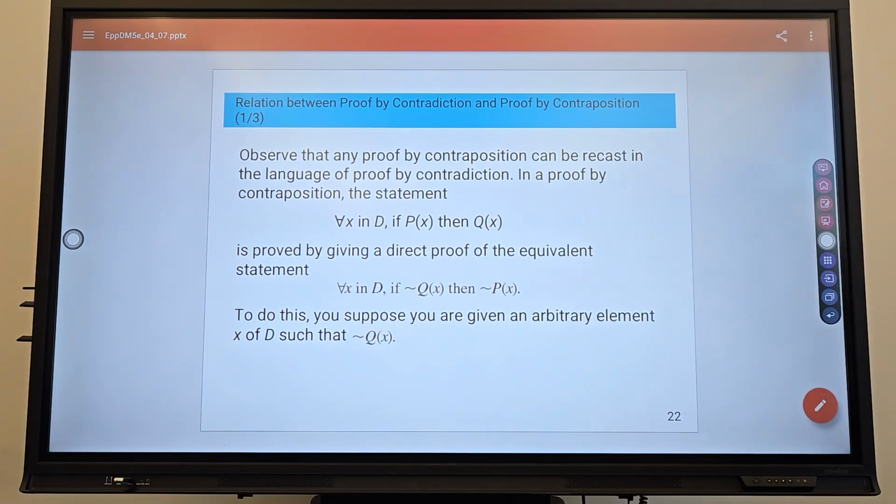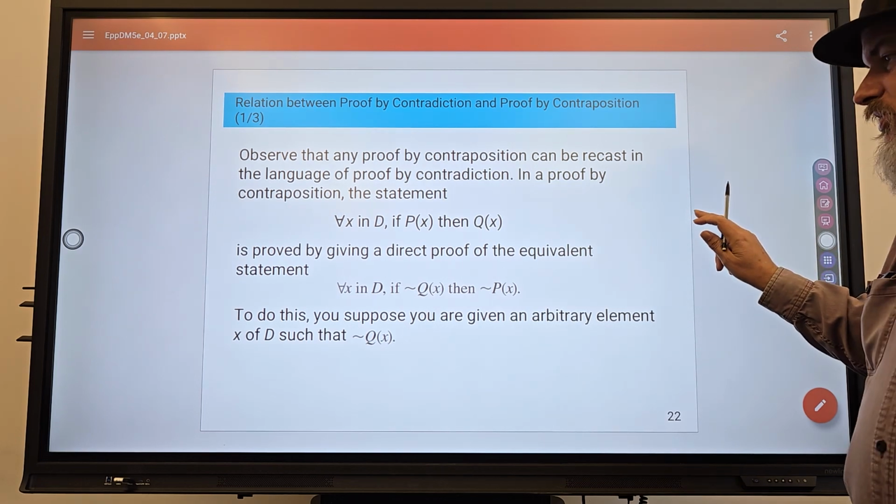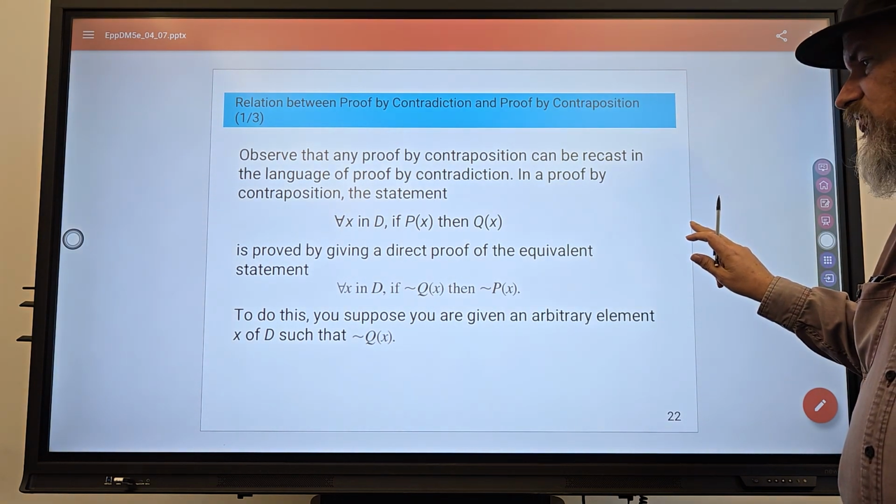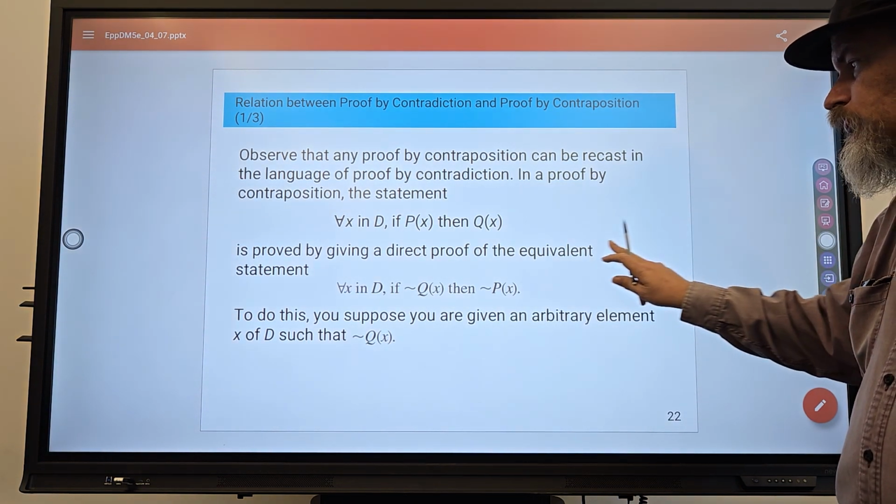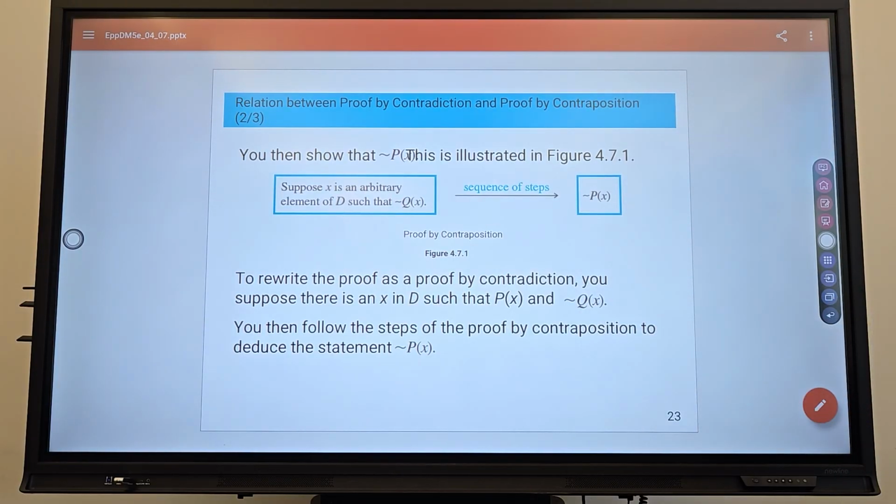To do this, you suppose you are given an arbitrary element x of D such that not Q of x is true. You then show that not P of x is true.